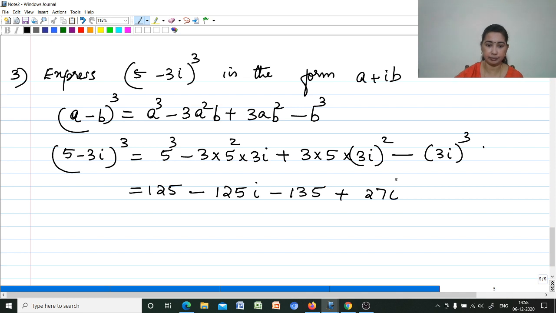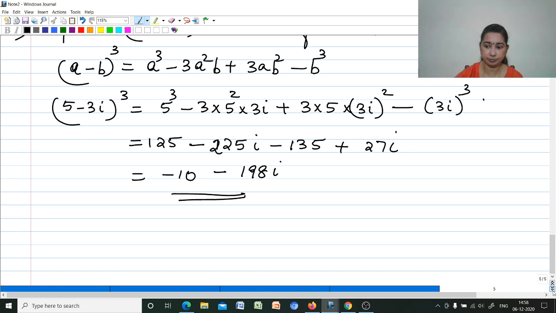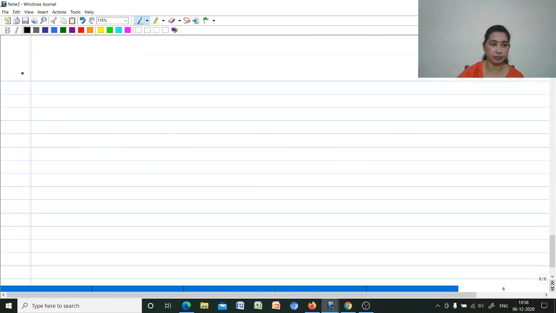So here plus i. And that is equal to 125 minus 135 is minus 10. Then minus 125 plus 27 is minus, here not 125, it is 225. Minus 225 plus 27 is minus 198i. So that is the answer. Then next one, that's question number 4.